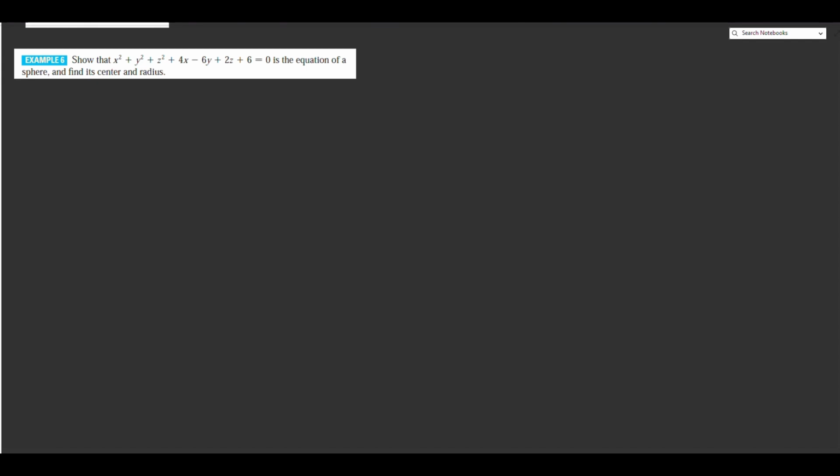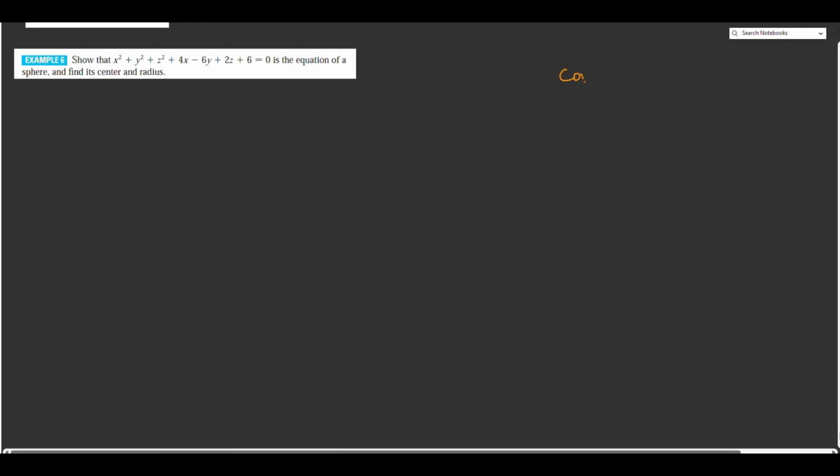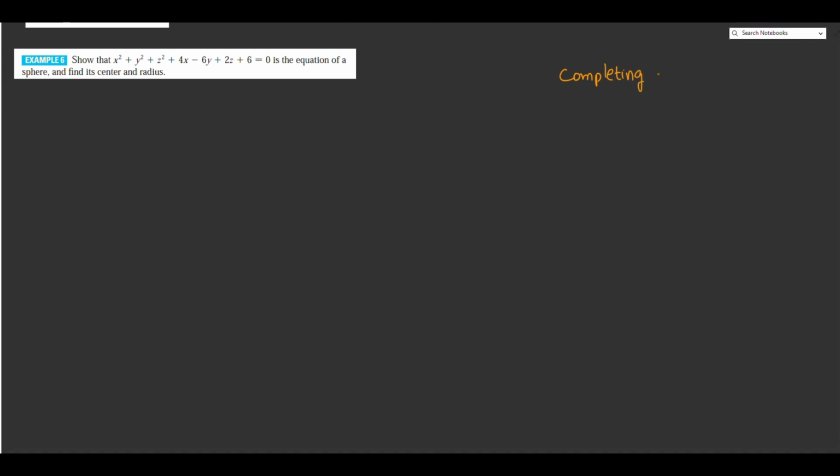What you have to do is rearrange this and complete the squares, using the technique called completing the square.